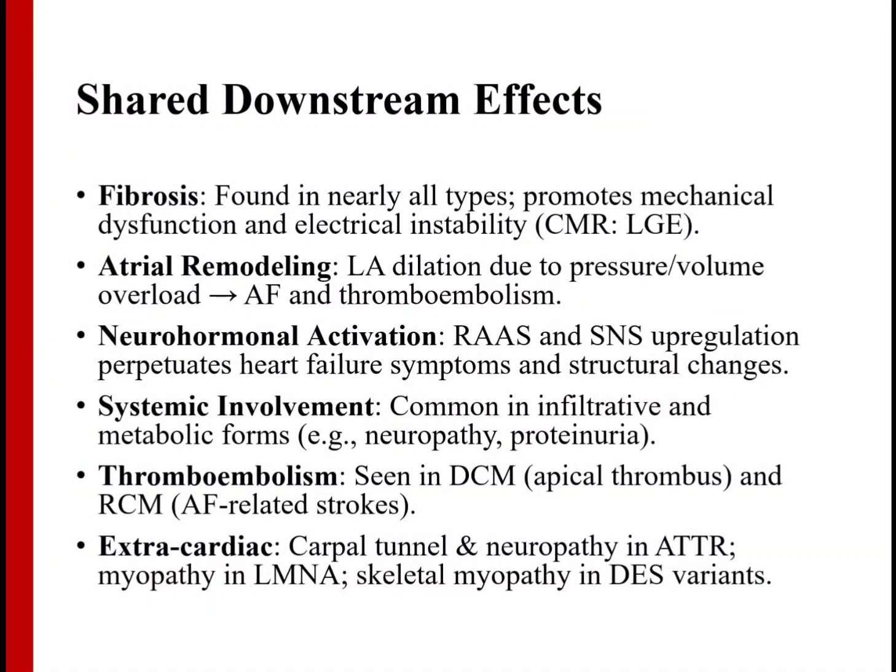So, just to refresh, hypertrophic and restrictive cardiomyopathies both lead to stiff ventricles and diastolic failure. Dilated cardiomyopathy leads to weak ventricles and systolic failure, and arrhythmogenic cardiomyopathy leads to electrical instability.